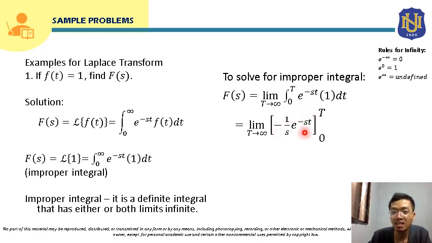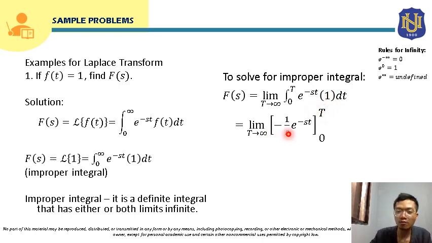This is now the integration, and we will evaluate it from 0 to T. These are the given limits. We apply the rule for definite integrals: we substitute the upper limit to the variable t, and then we substitute the lower limit to the variable t and subtract it from the first function where we substituted the upper limit.